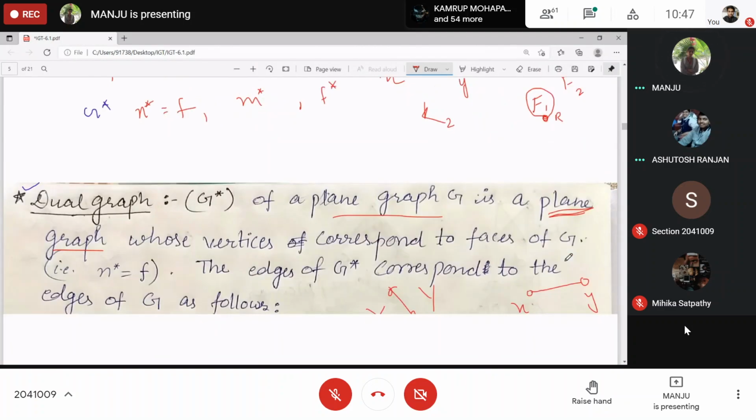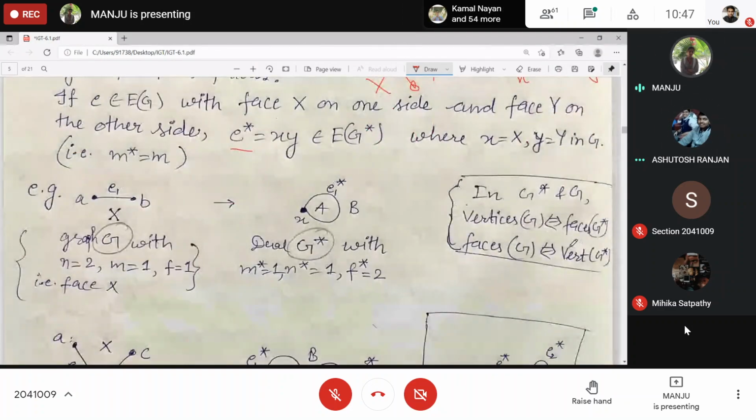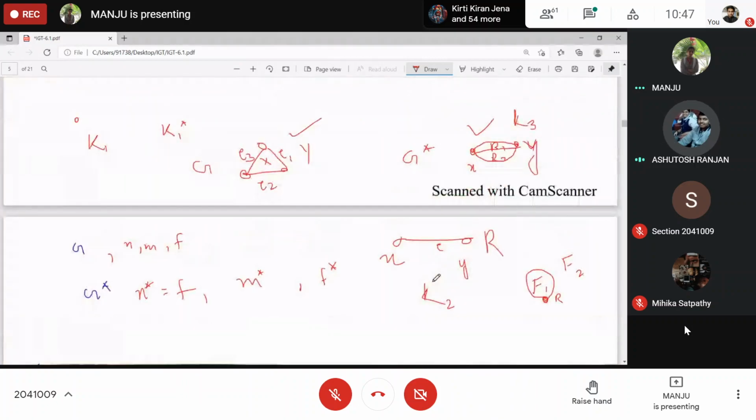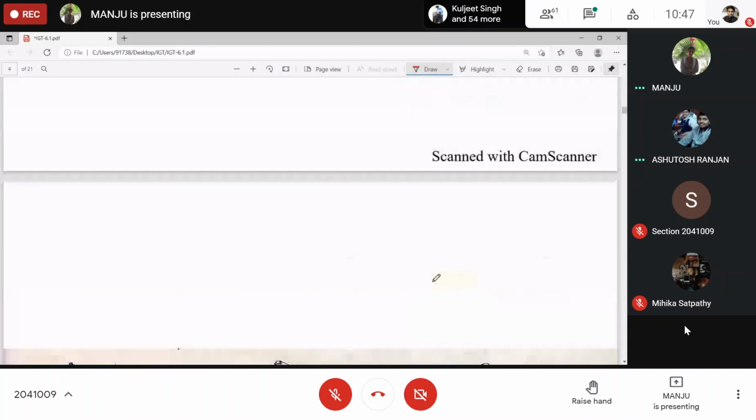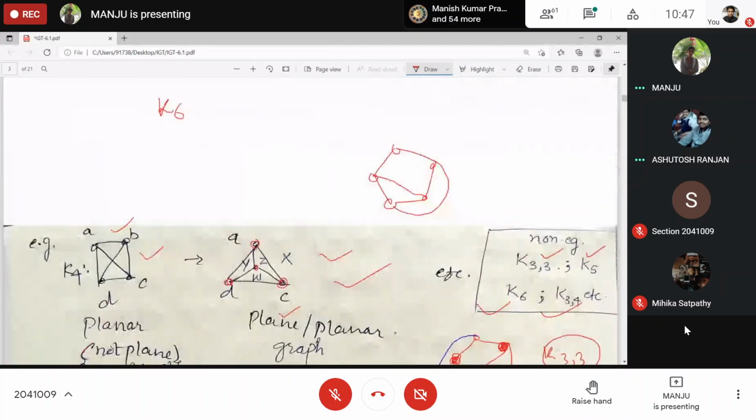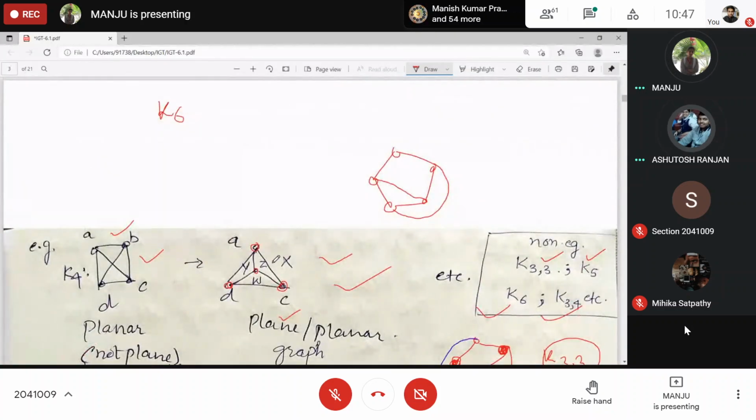I have a doubt. In the above example, in K4 you have taken 3 faces. Then why have you not taken 4 faces? This one, 4: 1, 2, 3, 4.